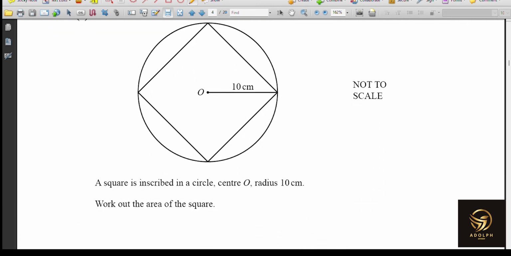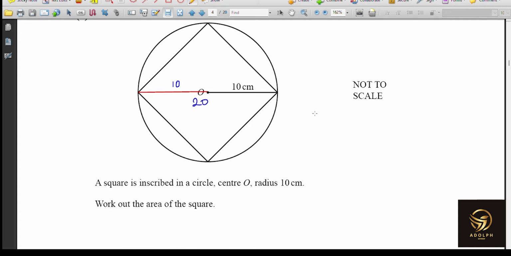Subdivision B is here. Still that circle's radius is 10 cm, but the square is inscribed in the circle. So if you are extending the radius to its diameter, then the diameter is going to be 10 plus 10. It's actually 20 cm, but it is not a square's side.